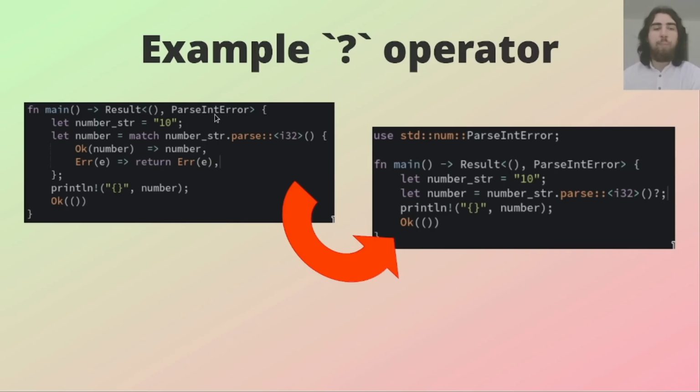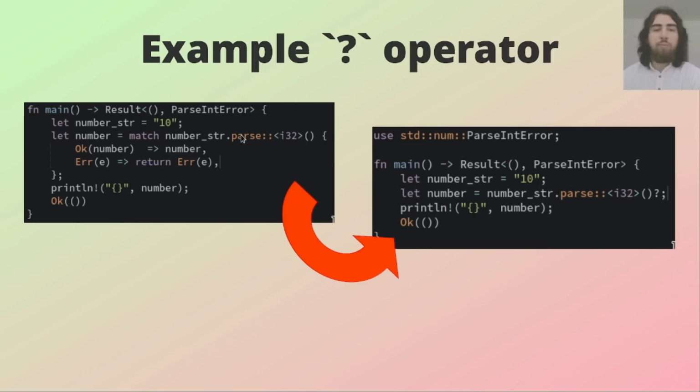So as you can see over here in the main function, we can define that main should return a result type. And as you can see, we have here a string holding a number. Then we try to parse this string over here into an I32 type. Now we have seen that the parse method could potentially fail. If we have here a string holding T, for example, the compiler can't convert it to an I32 because it's not a valid number.